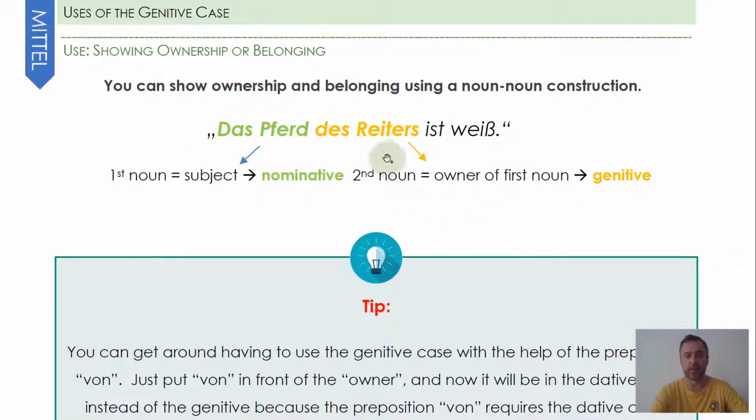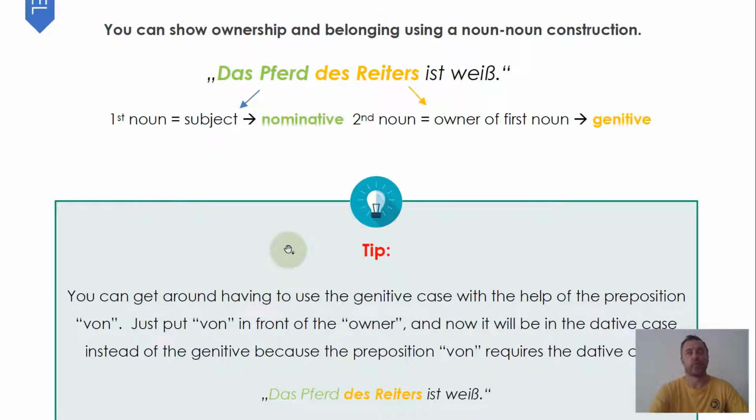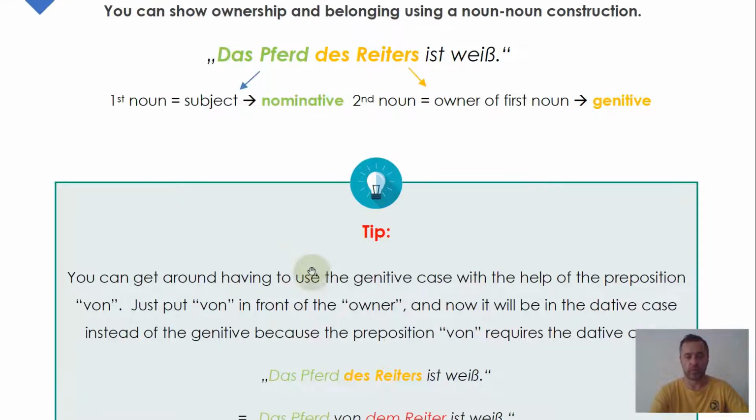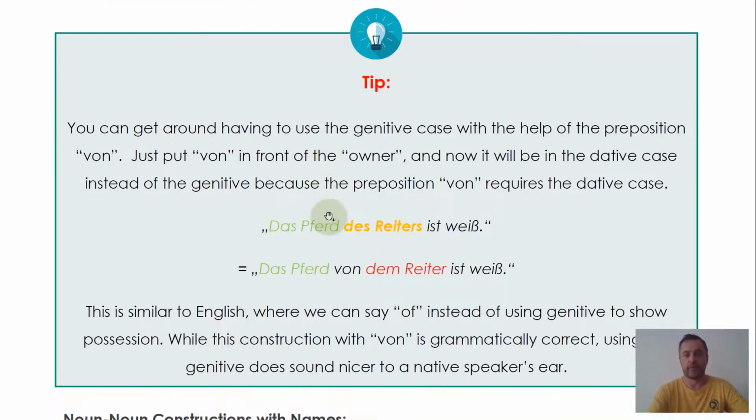It's a noun construction. There can't be any preposition in between here. There can't be any verb in between here. Then it's not a noun construction anymore, because remember, verbs and prepositions also usually require you to use certain cases.